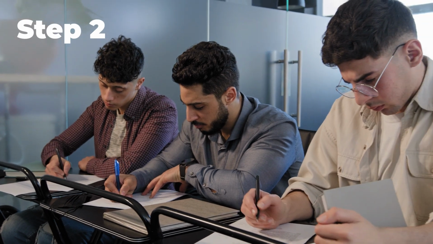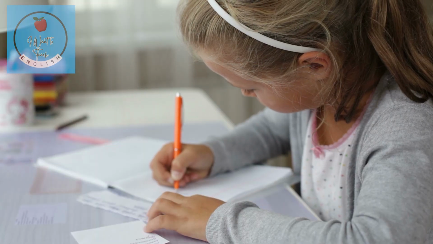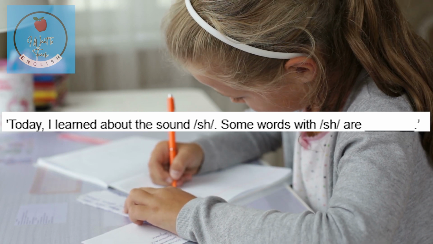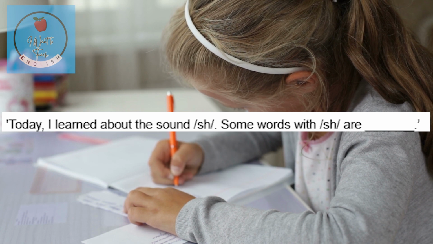Step 2, connect journal prompts to lessons. To make journal writing meaningful, connect it to the things that you're working on. Like I mentioned in step 1, whatever the students are working on, that's what you want to focus on. So here are some examples. If you taught phonics, students can write, today I learned about the sound sh. Some words with sh are, and then you go down the list of words.